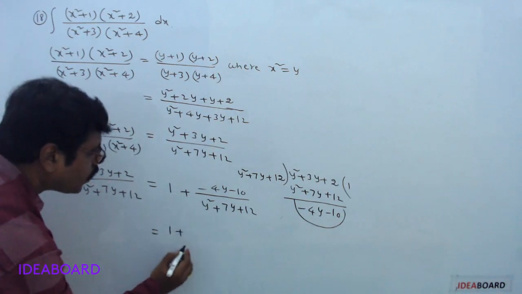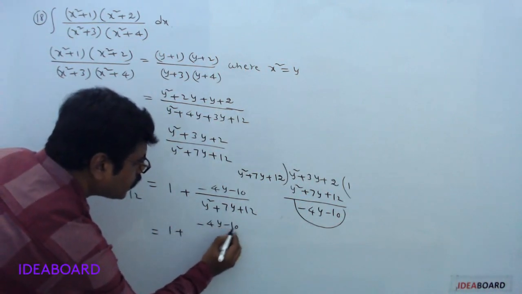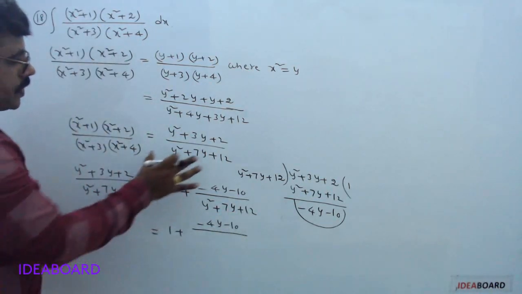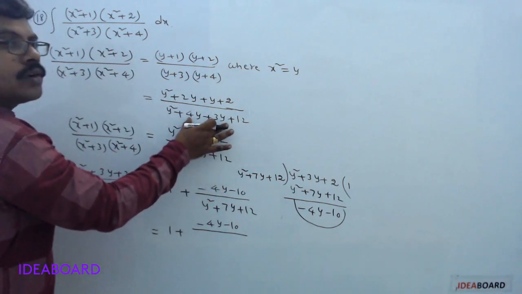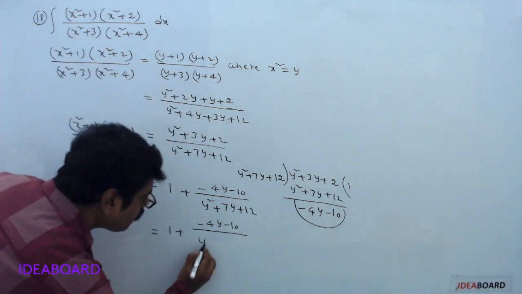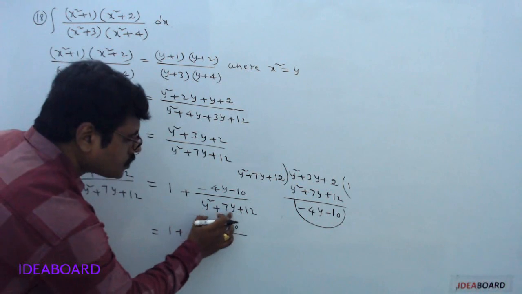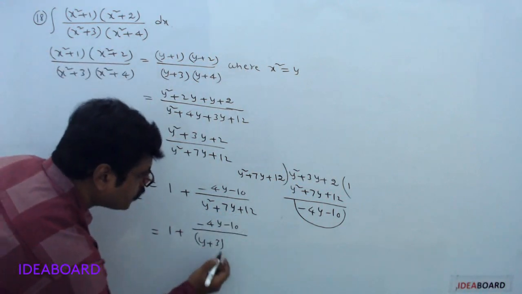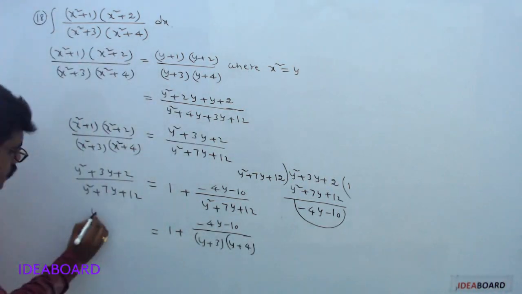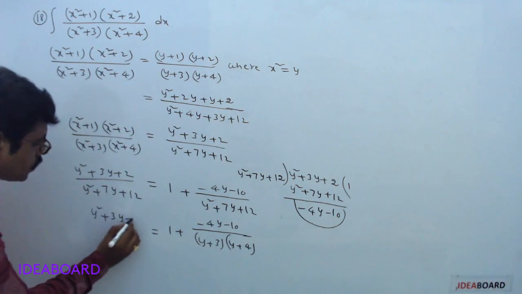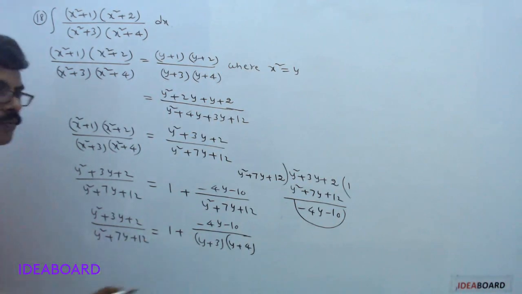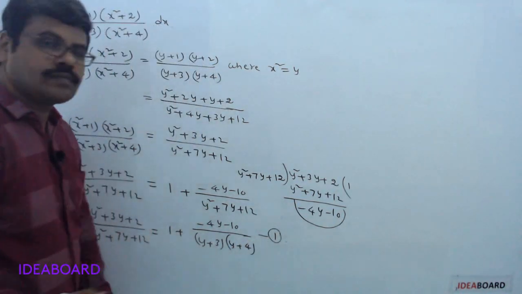Now this equals 1 plus (minus 4y minus 10) divided by y square plus 7y plus 12. This y square plus 7y plus 12 can be taken as (y plus 3) into (y plus 4). So instead of y square plus 7y plus 12, I have taken its factors y plus 3, y plus 4. Now corresponding LHS part, y square plus 3y plus 2 divided by y square plus 7y plus 12. Call it equation 1.